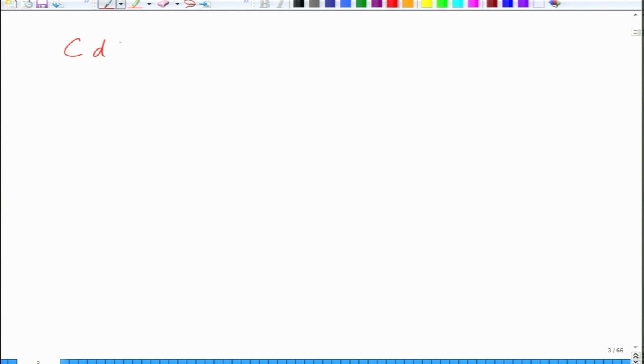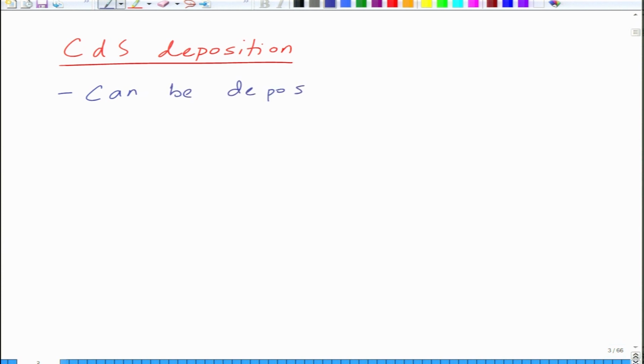If you look at CdS deposition, CdS can be deposited by chemical bath deposition.